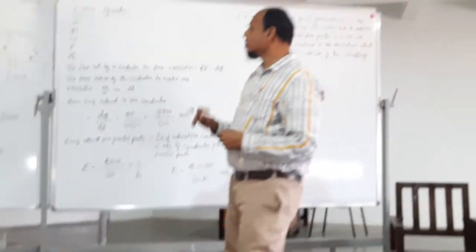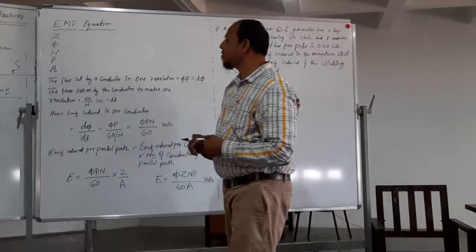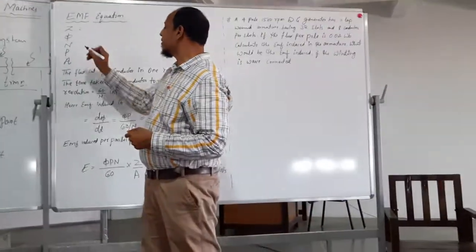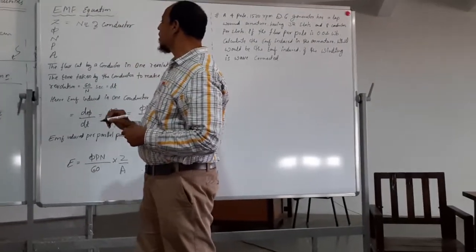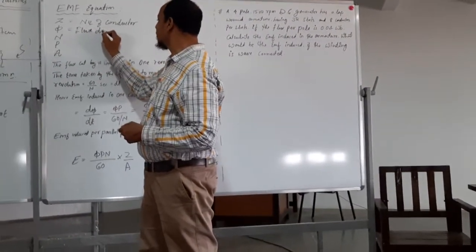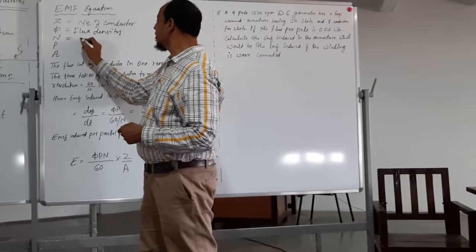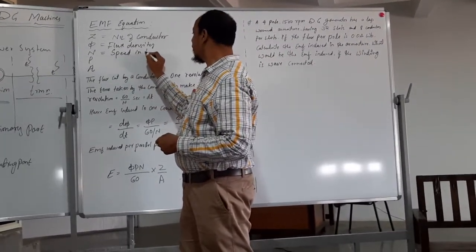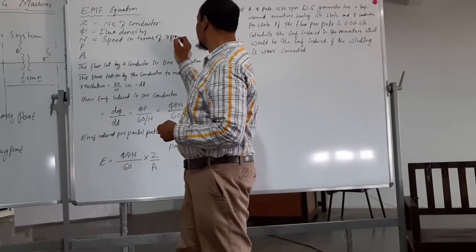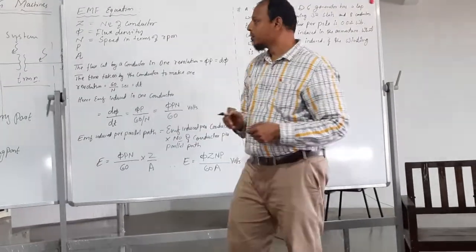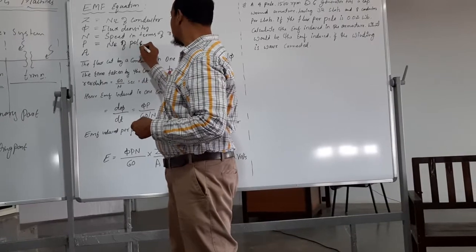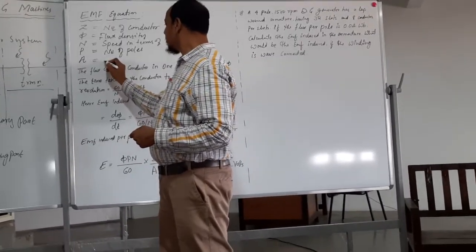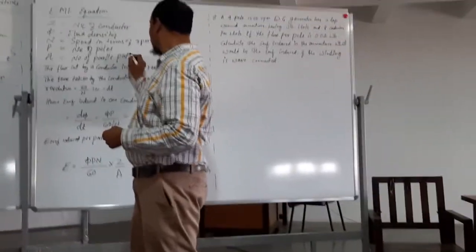Now we will move to the EMF equation of this DC machine, in which we have Z as the number of conductors, phi is the flux, N is the speed in terms of RPM, that is revolutions per minute, P is the number of poles, and A is nothing but the number of parallel paths.